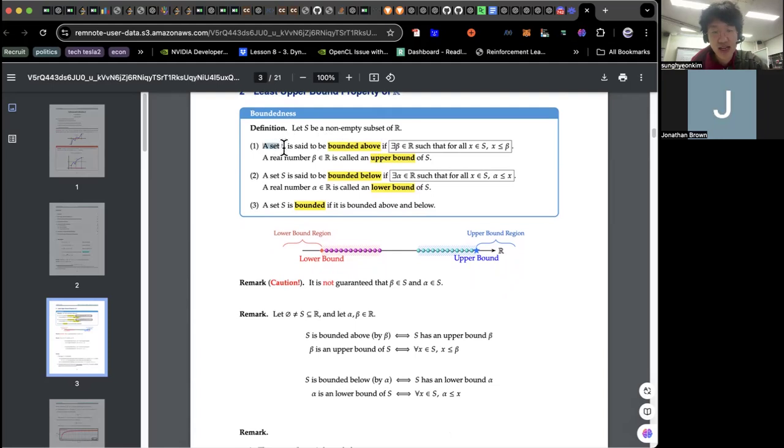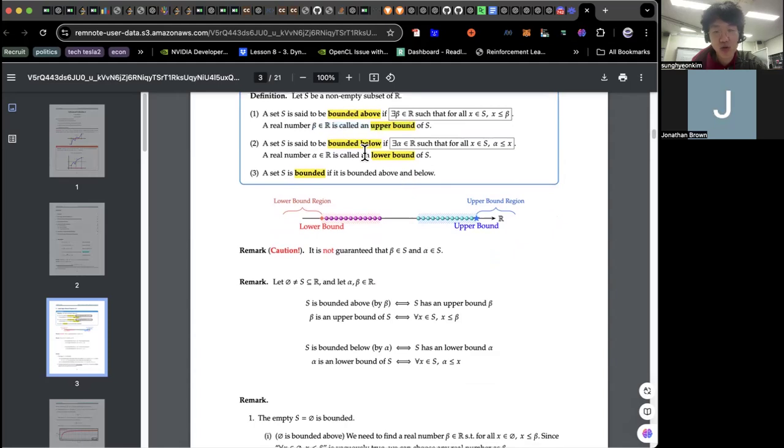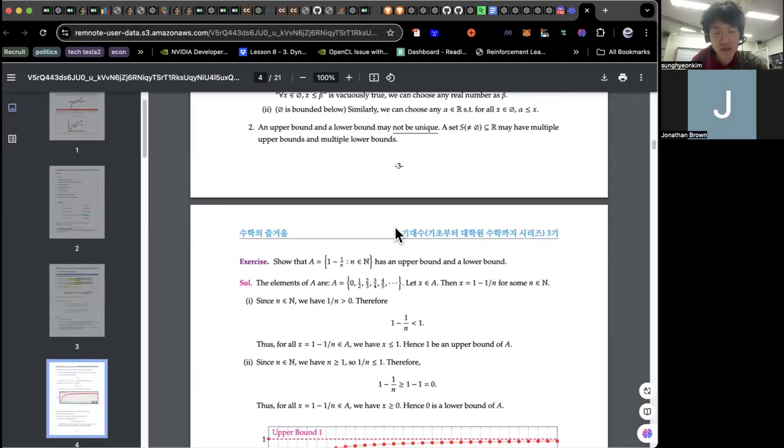Take a set A which is a subset of the real numbers. We say it is bounded above if there is some B such that for all x, B is bigger than or equal to x. Then we say B is an upper bound, and similarly bounded below and lower bound are defined.